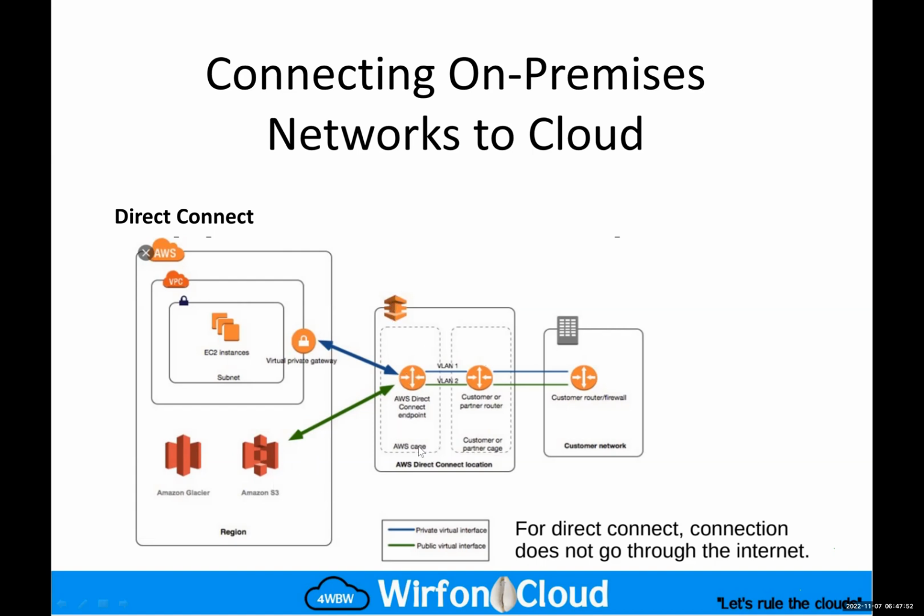from the Direct Connect, and when we want to connect to our VPC, we can use what is called a private virtual interface. More details on the differences between these will be seen as you go higher in your cloud journey.